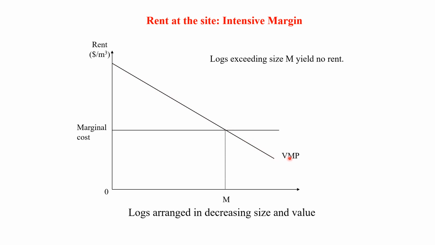If you recall, the value of the marginal product equals the output price multiplied by the marginal product of the logs, in other words, the marginal product of getting another log. So in a competitive industry, where the marginal cost of harvesting can vary from one site to the next, the marginal cost equals the value of the marginal product at point M, and that constitutes our intensive margin.